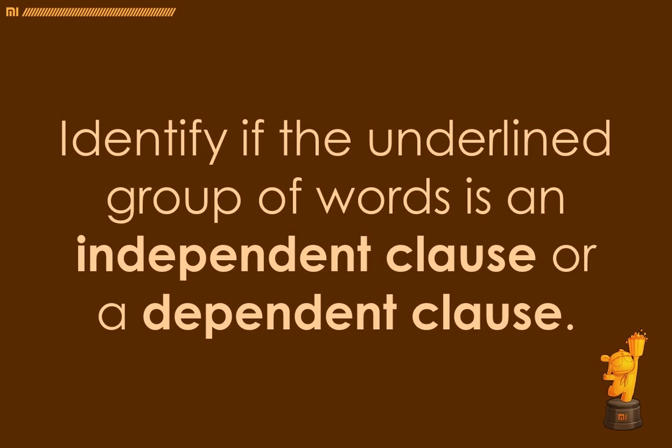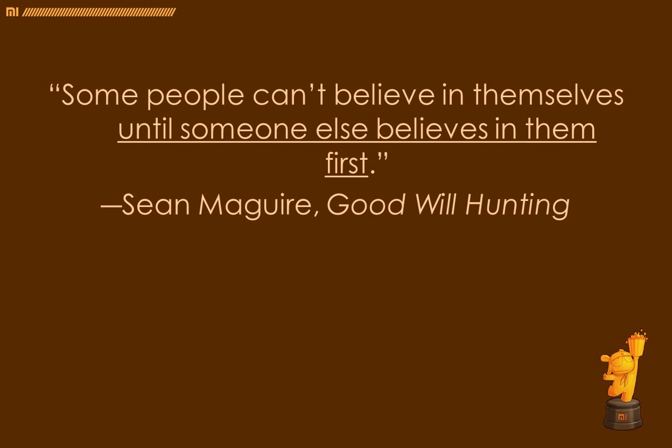Next, you have to identify if the underlined group of words is an independent or a dependent clause. Number 1. Some people can't believe in themselves until someone else believes in them first. The underlined clause is until someone else believes in them first. This clause was introduced by the word until, which is a subordinating conjunction.